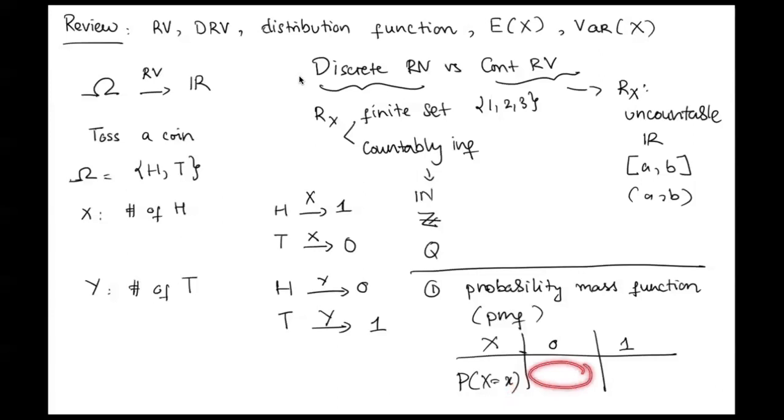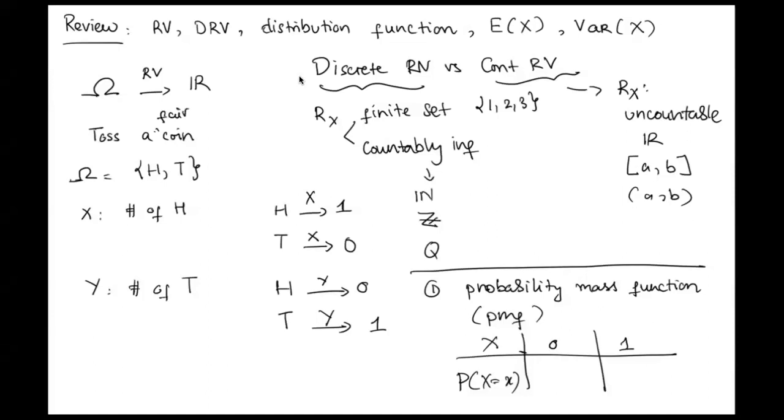For example, here, what do we have to fill in? We have to fill in the probability that the random variable X equals 0, because we are dealing with a specific value 0. And here, we have to fill in the probability that the random variable X equals 1. And let's assume this is a fair coin.